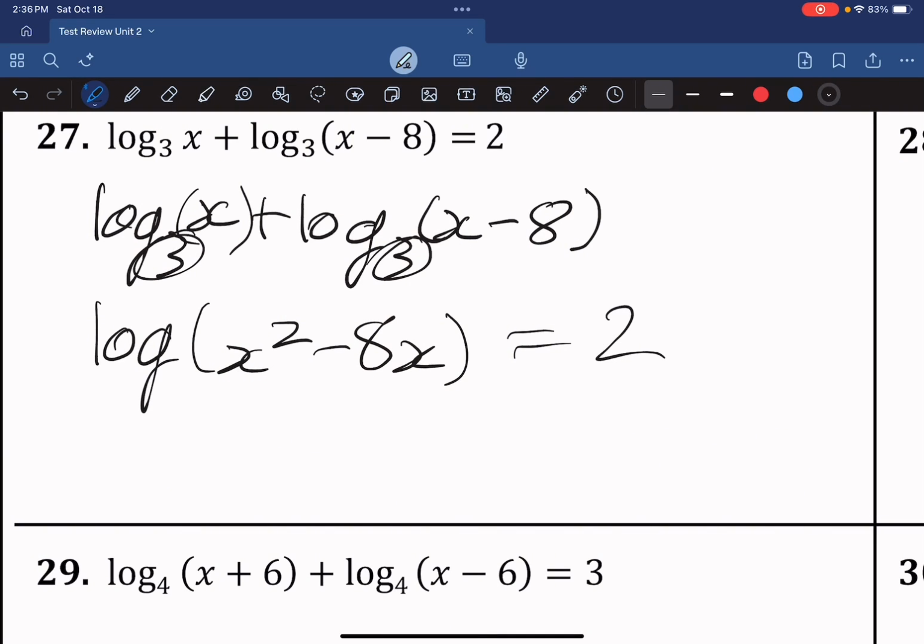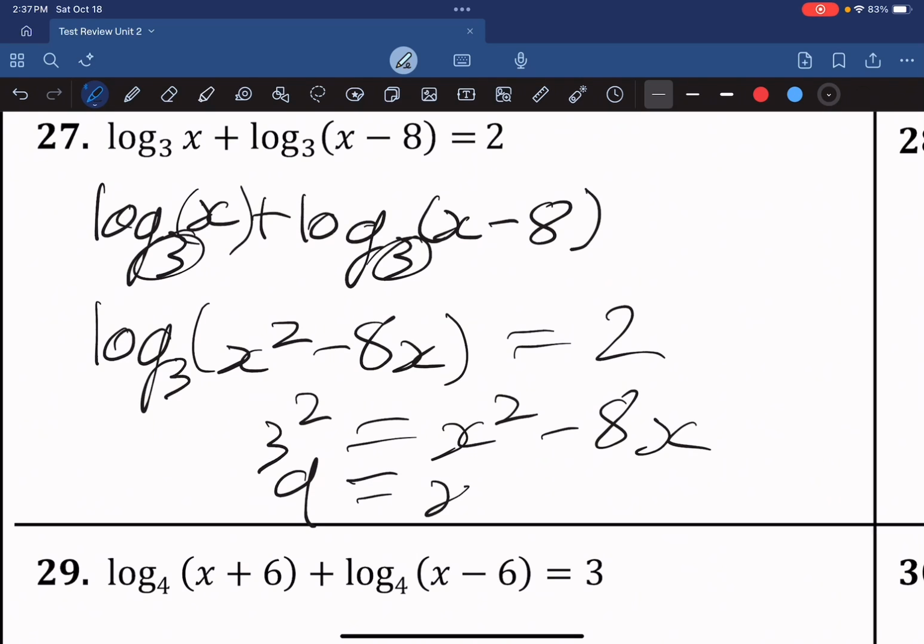So let's do 3 to the power of each side to get rid of this log here. We'll do 3 to the 2 equals x squared minus 8x. 9 equals x squared minus 8x.